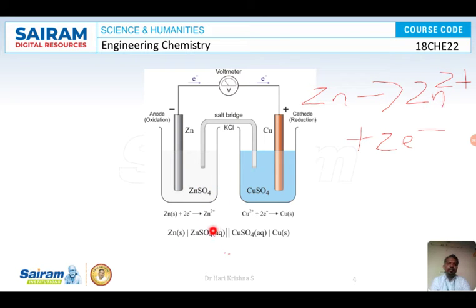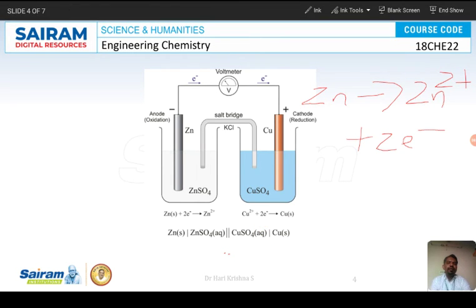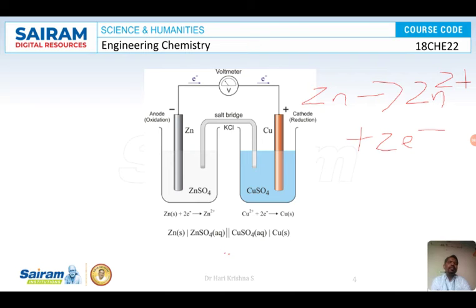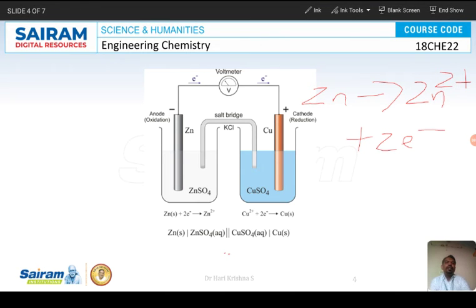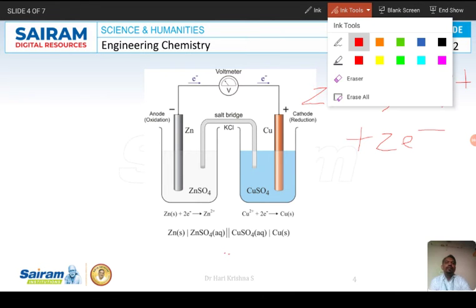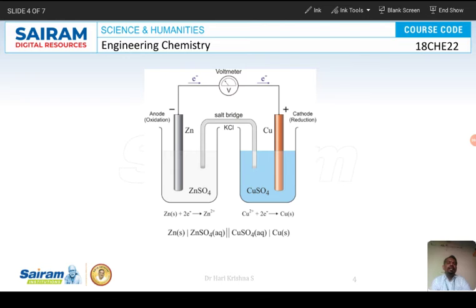Similarly, on the right hand side, we write the other reaction: Cu2+ slash Cu. So this is the representation of the Daniell cell.